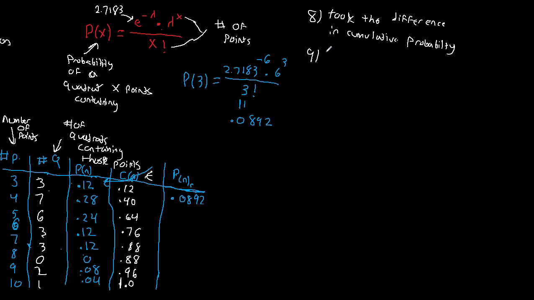Then we found the highest difference, or the largest difference, I should say. Right, find the largest difference. That's what we've done so far. Then the last thing that we want to do is compare that difference to a critical value.